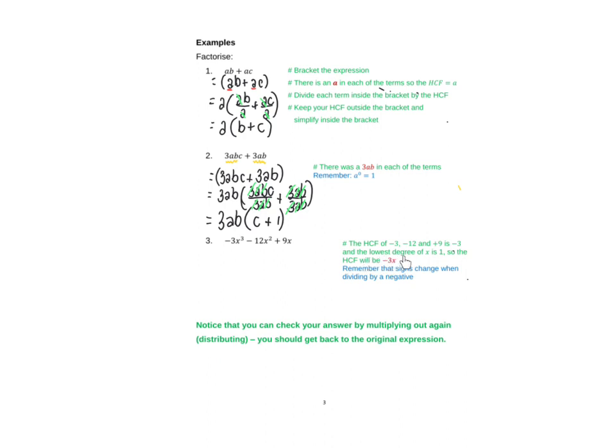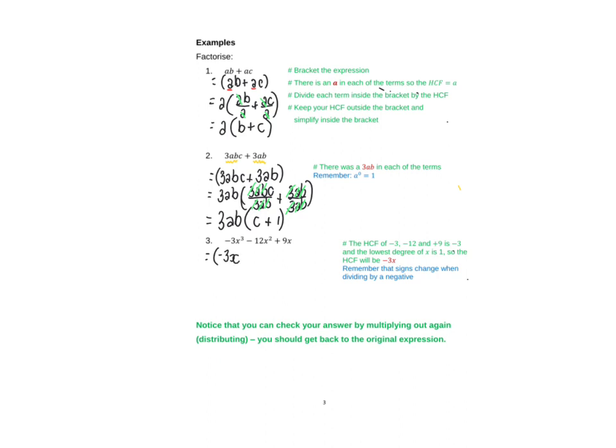And then the lowest degree, like mentioned in your steps, will be the degree of x that we take as a common factor, because the other terms would not have enough x's being multiplied. So -3 for the coefficients, and for the variable x, the highest exponent is 1, so our highest common factor is -3x.